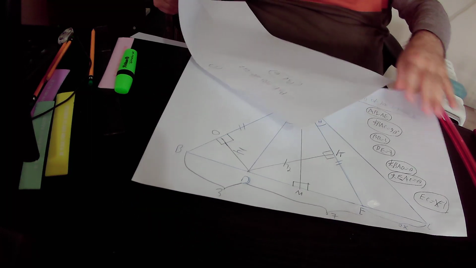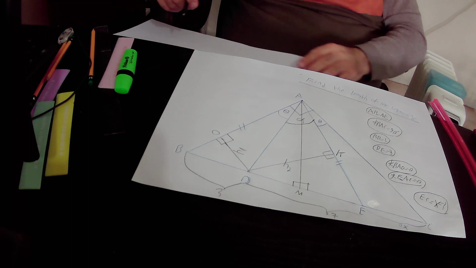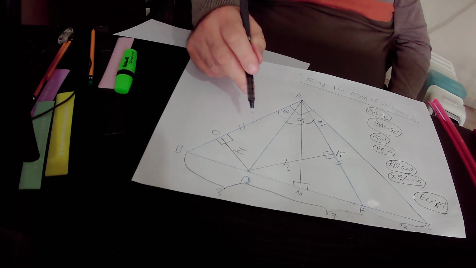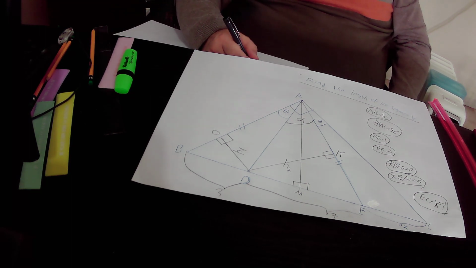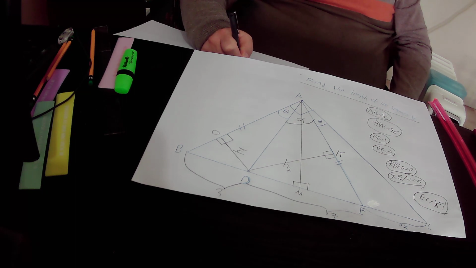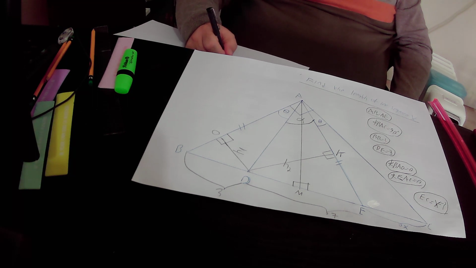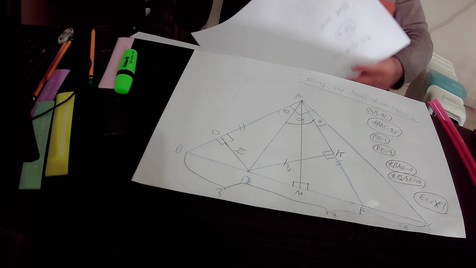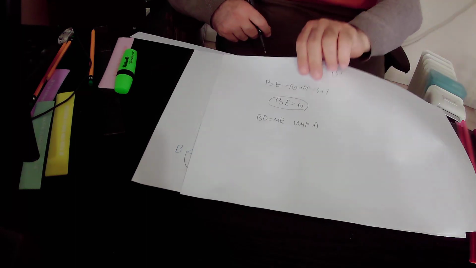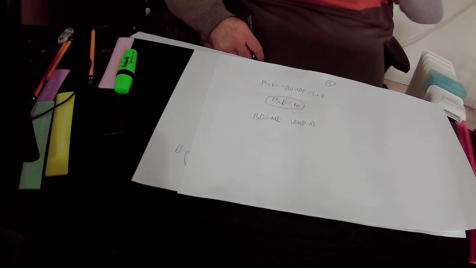And according to rule number 1, BM equals ME.